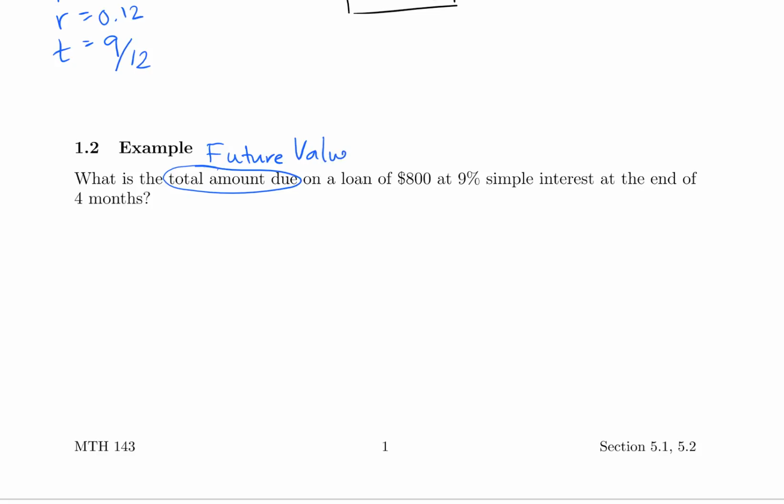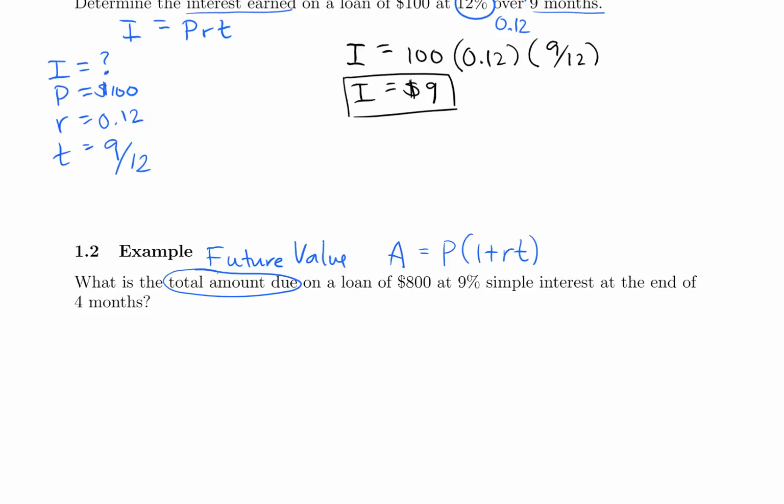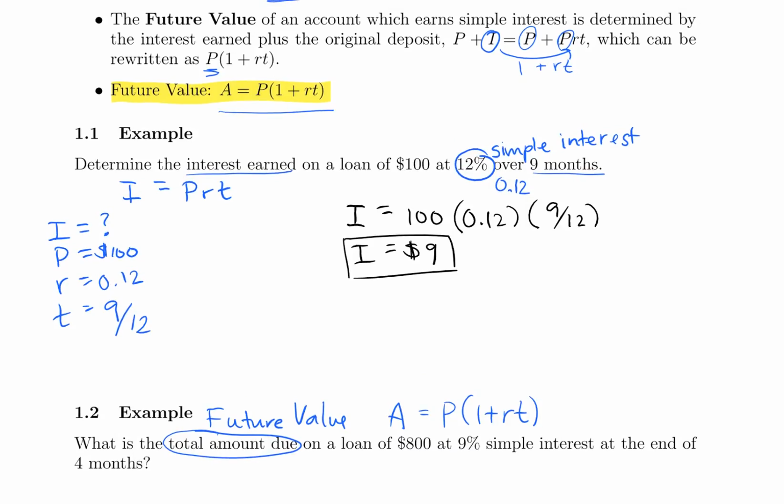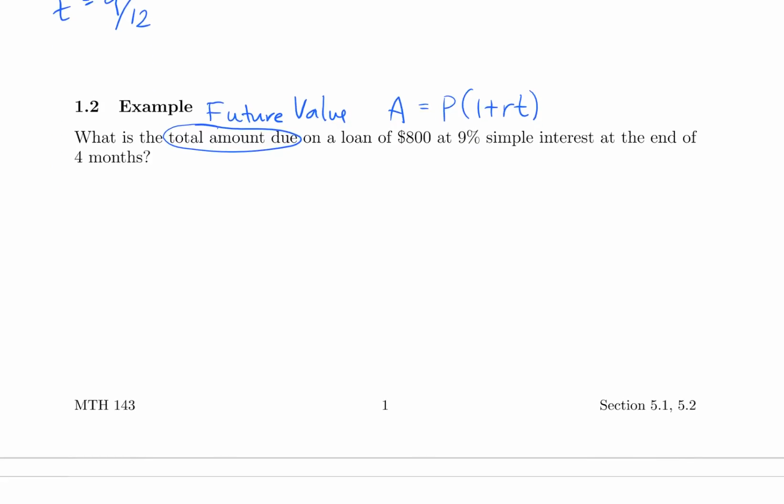We want to know, how much are we going to owe on this loan in the future? So since we want future value, our formula is A equals P times the quantity 1 plus RT. Remember, we're using future value, which is 1 plus RT with the principal factored out.